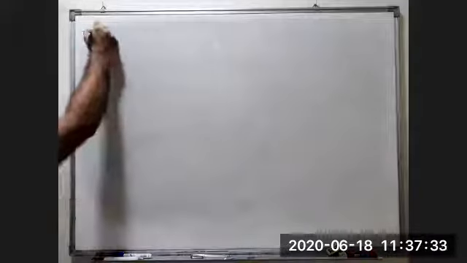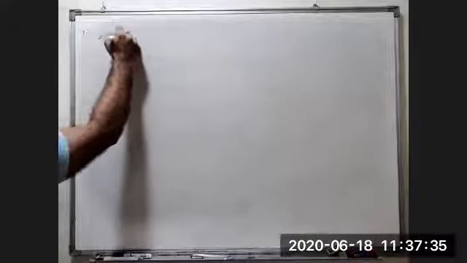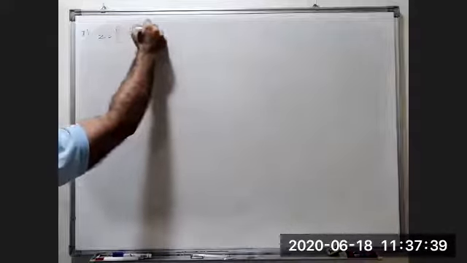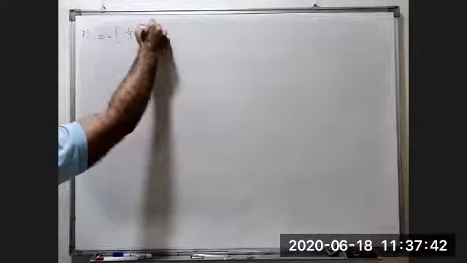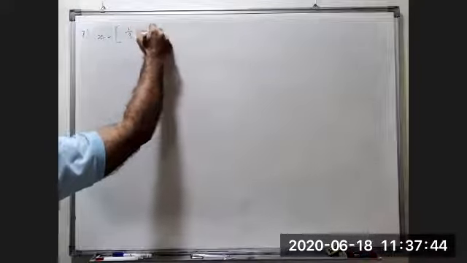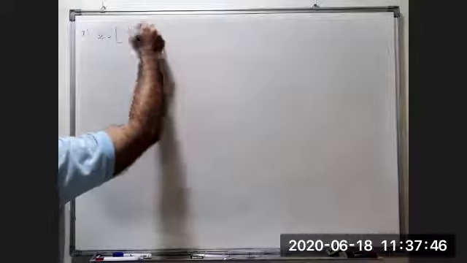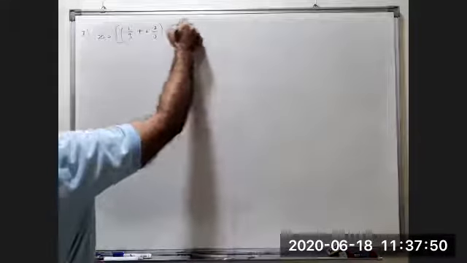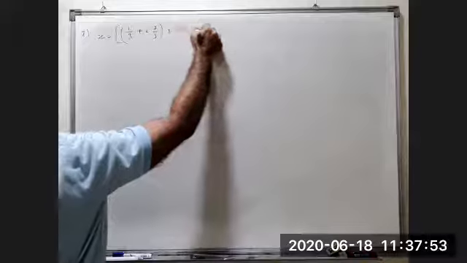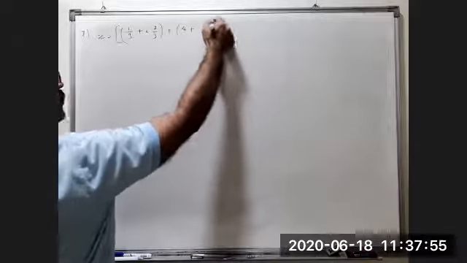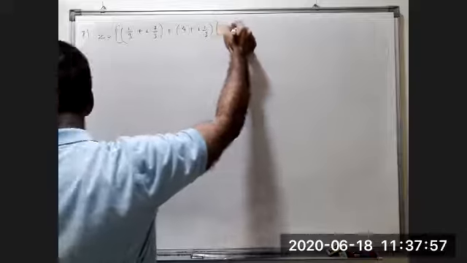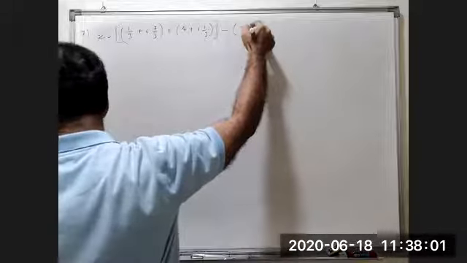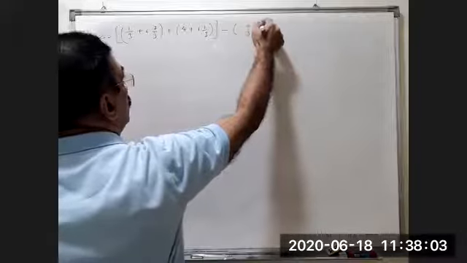Okay, I'm writing Z. Z is equal to 1 by 3 plus i into 7 by 3 plus 4 plus i into 1 by 3, in square brackets, minus of minus 4 by 3 plus i.